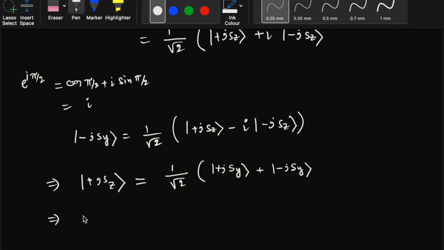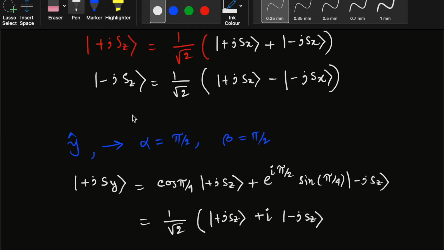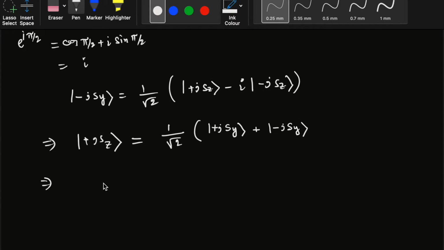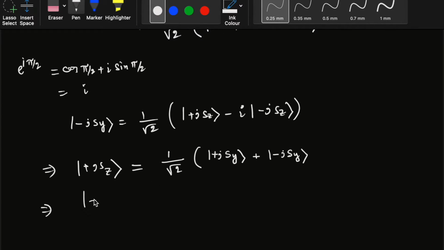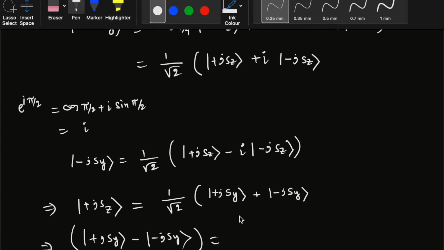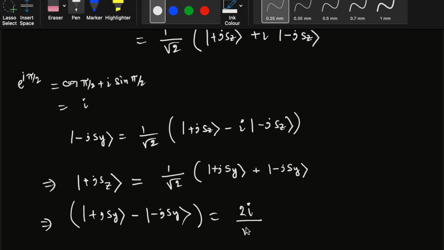Now if we subtract these two equations, if we subtract this equation from this equation, we will get plus Sy minus minus Sy is equal to 2i by root 2 minus Sz.